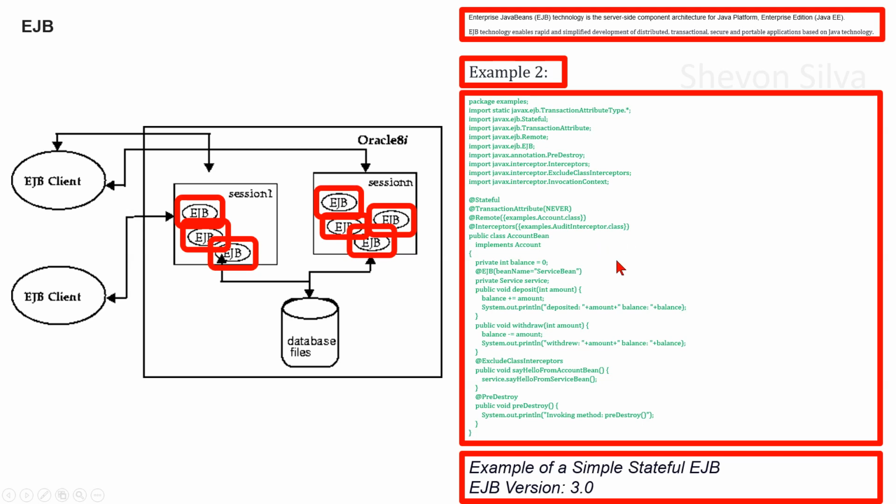The field-level @EJB annotation specifies that the annotated variable service is injected with the dependent service bean in the stateful session bean context. The data type of the injected field service is the business interface of the service bean.